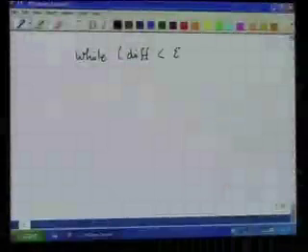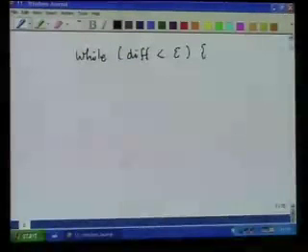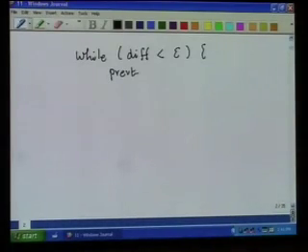Okay, so let's now try to write an informal algorithm using these ideas. So the main loop will look something like this. While difference is less than epsilon, the term that we computed in the previous iteration will become the previous term for this iteration. So previous term will become equal to the current value of term, and the new value of term we will have to compute.